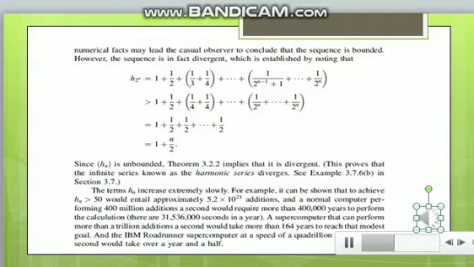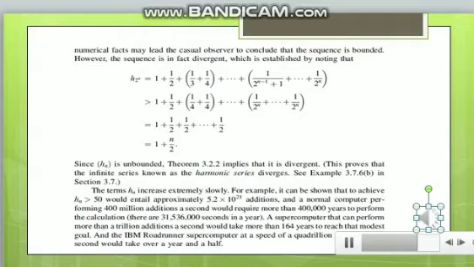For example, it can be shown that to achieve Hn greater than 50 would entail approximately 5.2 times 10 to the power 21 additions, and a normal computer performing 400 million additions a second would require more than 400,000 years to perform the calculation.